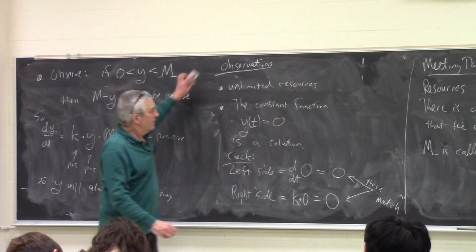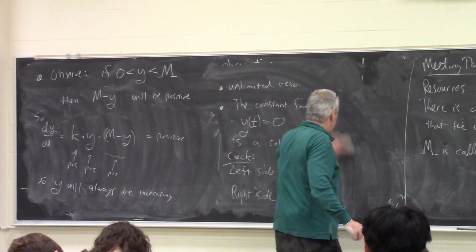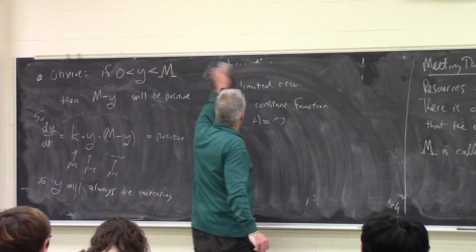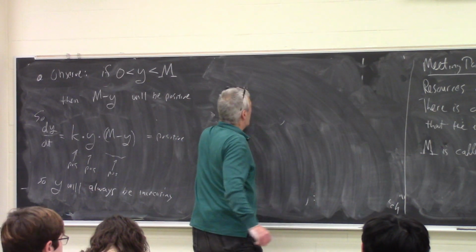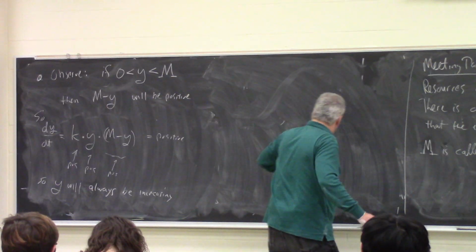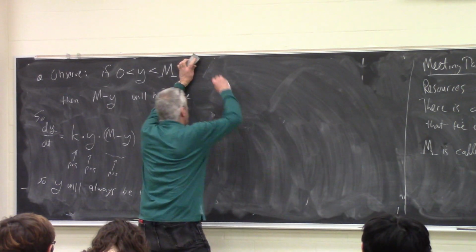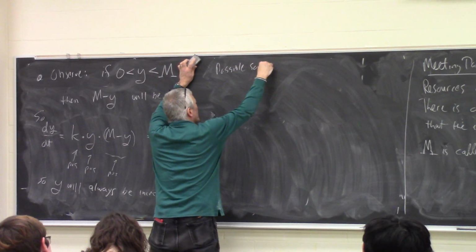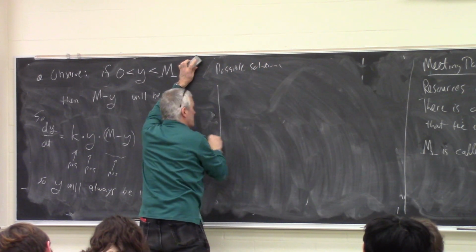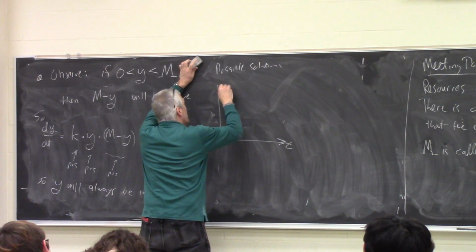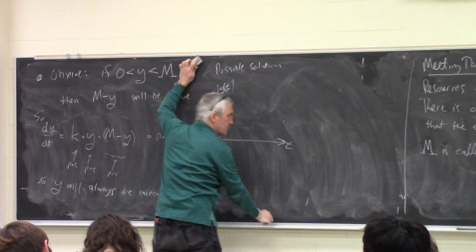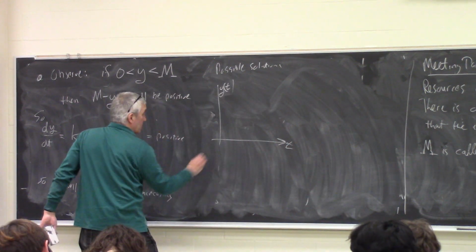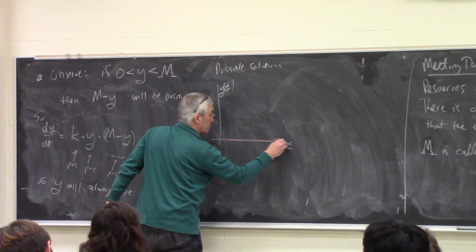So let's think now about our possible solutions that we've observed. Here's one. y of t equals 0.